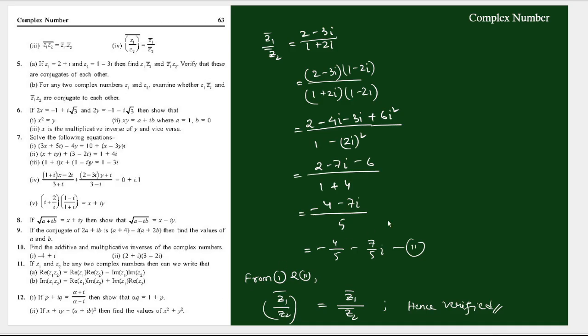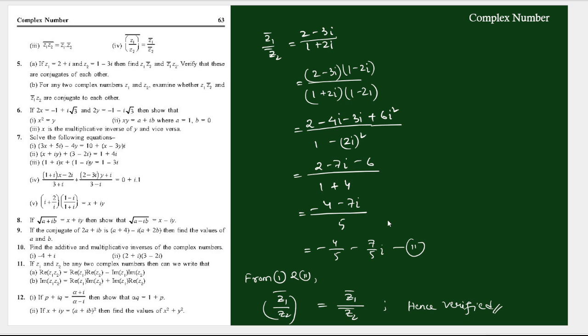What is 5? If z1 is 2 plus i, z2 is 1 minus 3i, find z1 into z2, then conjugate of z1 into z2. Verify that these are conjugates of each other.